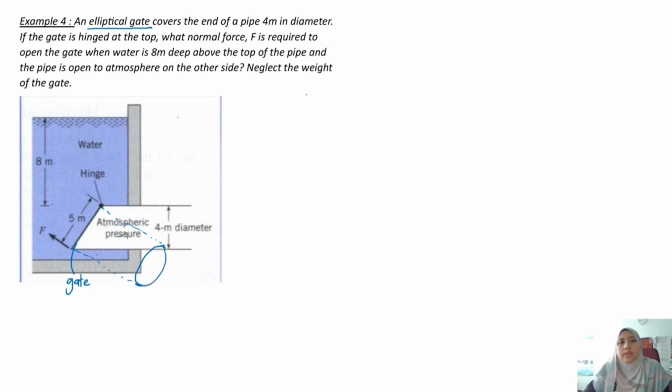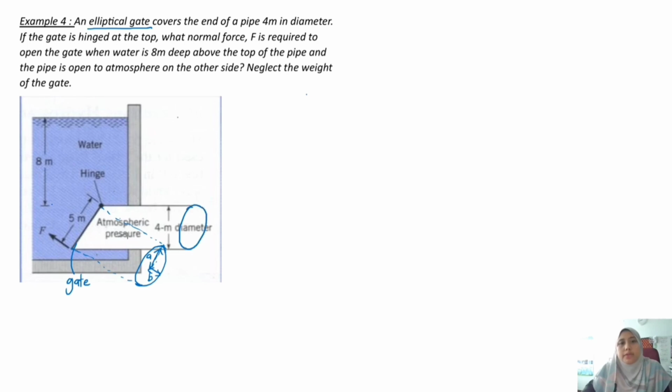In the ellipse, we have this center. From the center to the top, I put it as A. From the center to the side, I put it as B. This B has to follow the diameter of the pipe, because the elliptical gate is used to cover the end of the pipe.